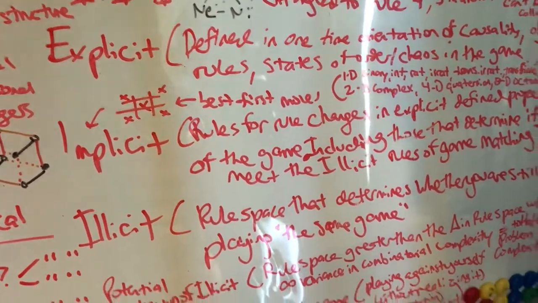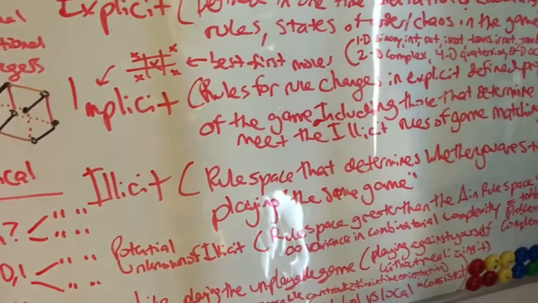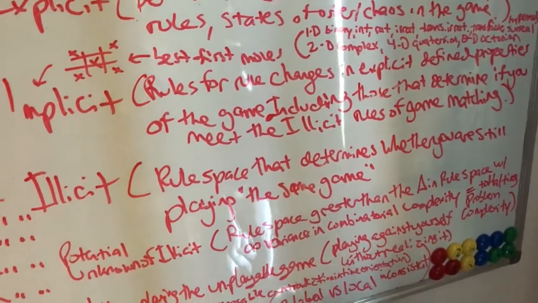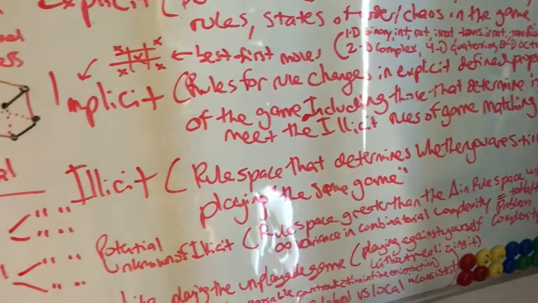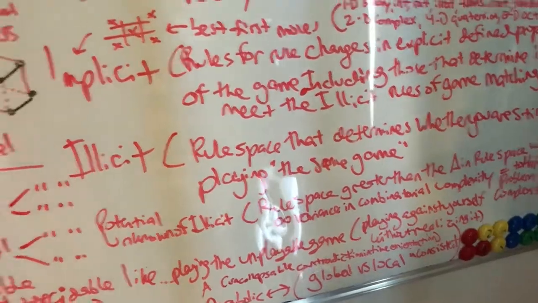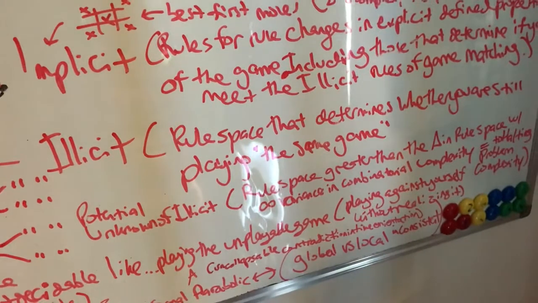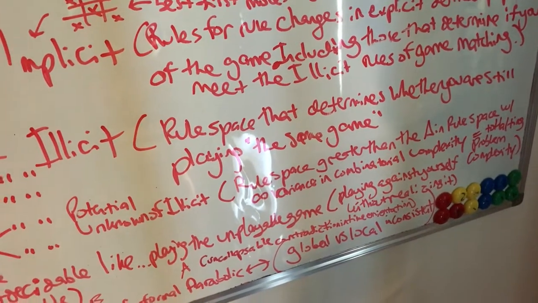And the implicits extend into the space of rules that define the illicit. So you can change an implicit rule such that you are now playing illicitly a different game. If you include a different rule, or you modify a rule enough beyond the bound of the implicit rule space of tic-tac-toe, then illicitly you'll be playing a different game with a different rule space.